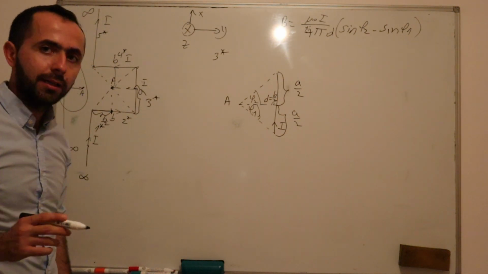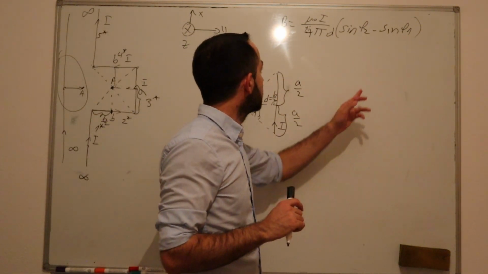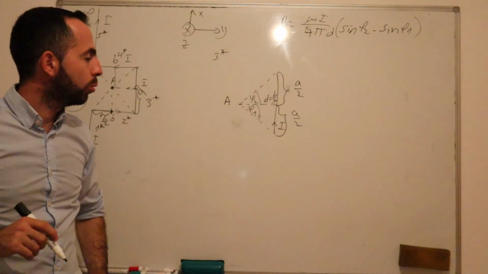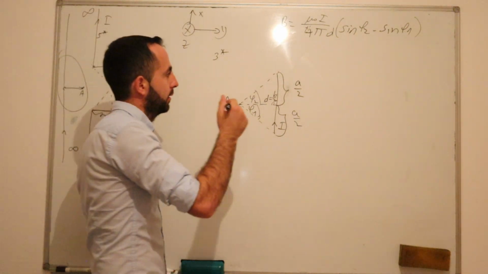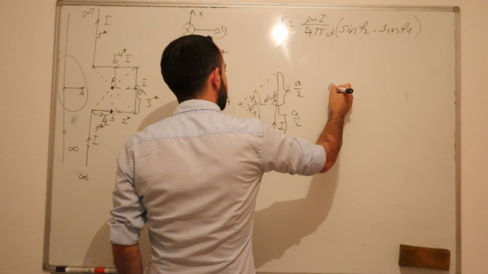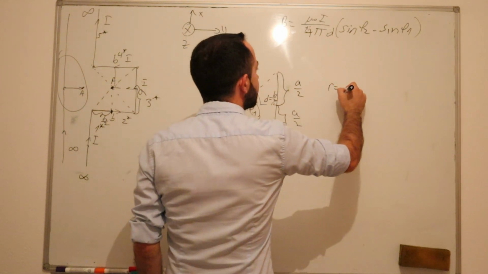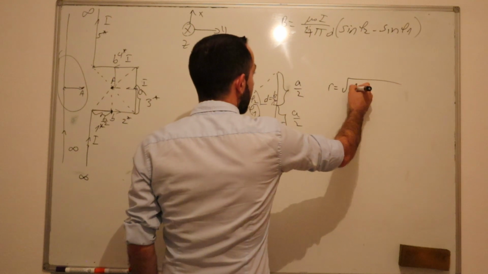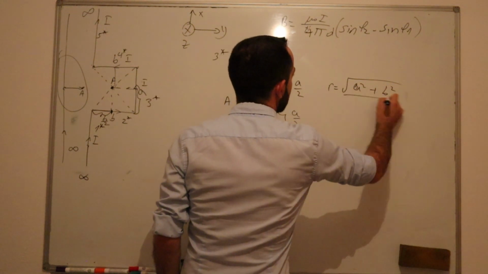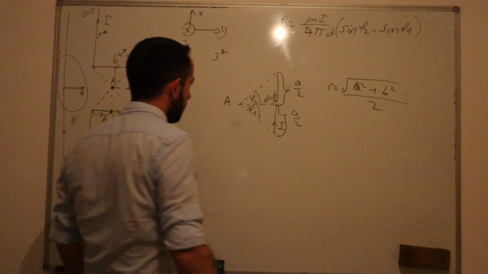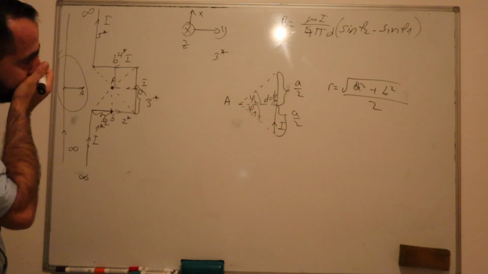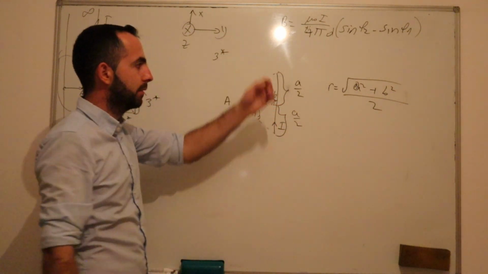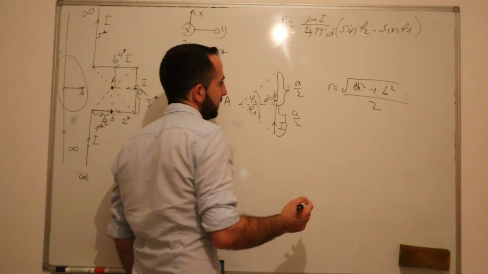So, because we need to find the sines of phi2 and phi1, we will firstly find the hypotenuse. The hypotenuse is once again the same, so it is the square root of a squared plus b squared over 2. This is the first cathetus, b and a half, the second cathetus you calculate like in the previous ways.